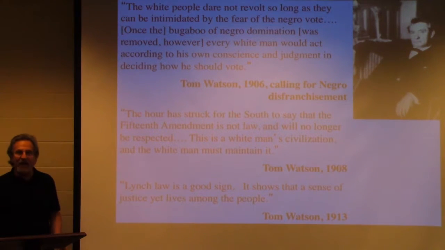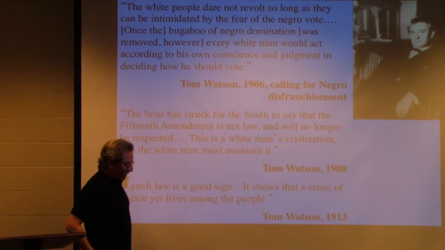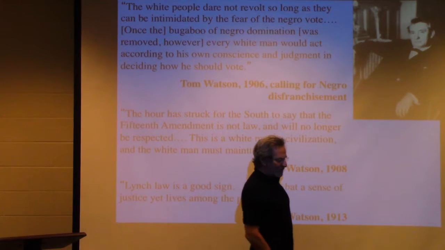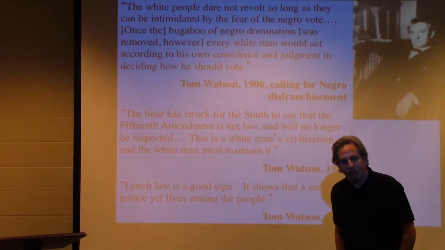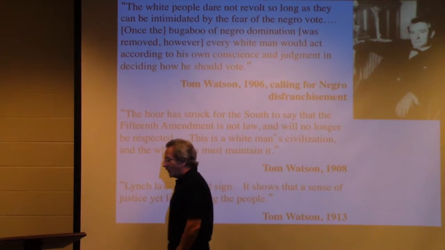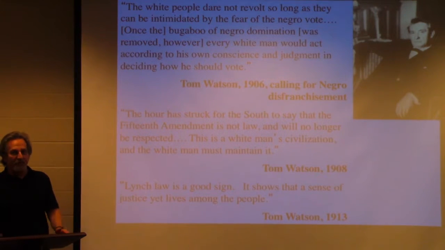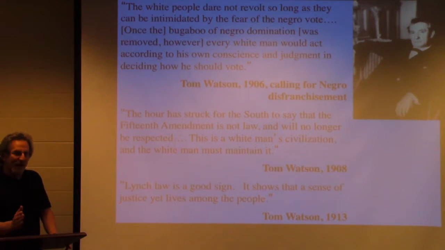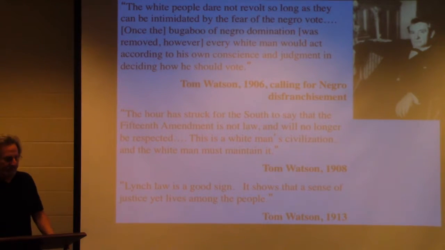I want to talk about how you disfranchise a black population. The 15th Amendment says if you're a citizen of the United States, you've got a right to the vote, and that right can't be taken away on the basis of skin color. So it's a very powerful amendment, and any attempt to take away the right of black people in the South to vote has got to work around that 15th Amendment.